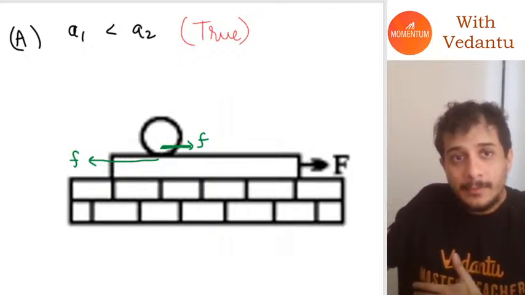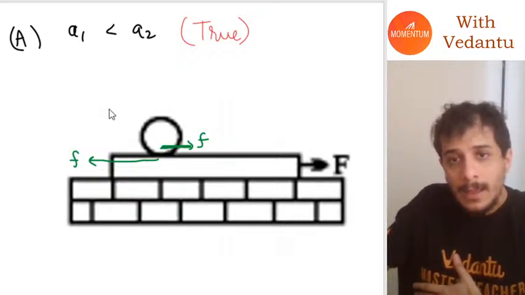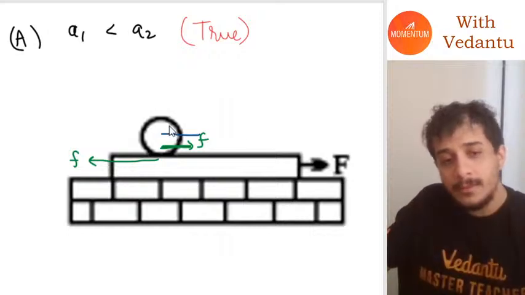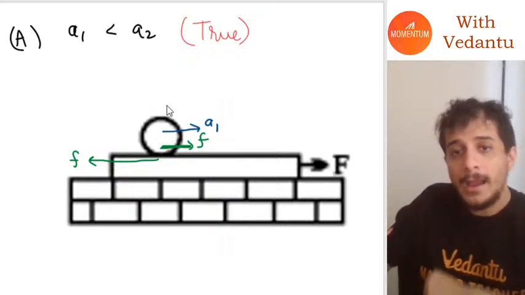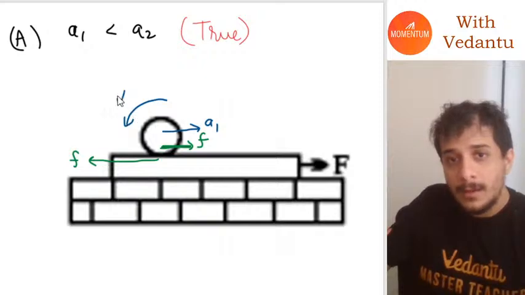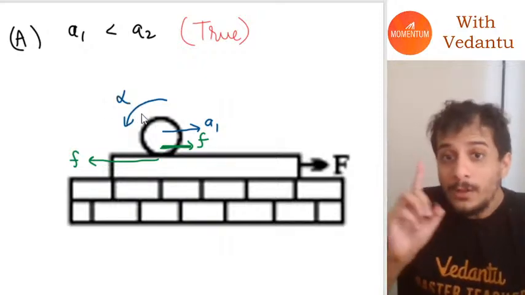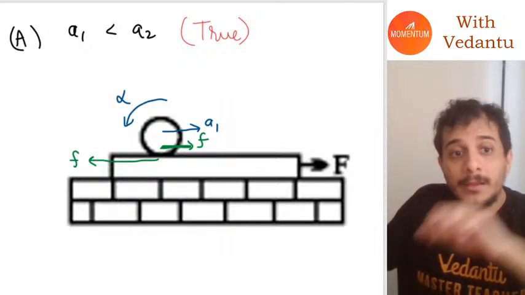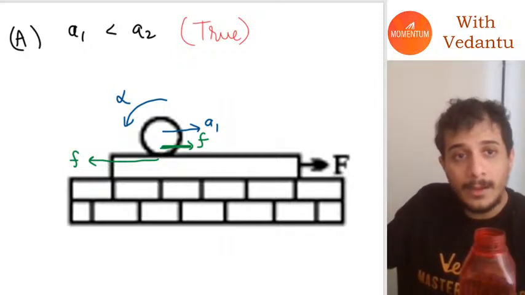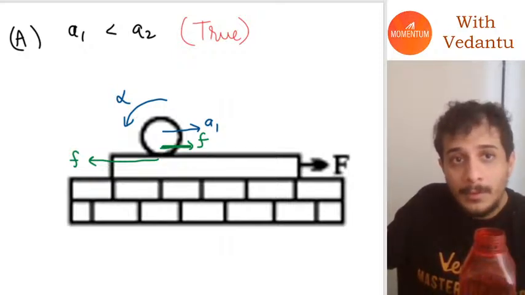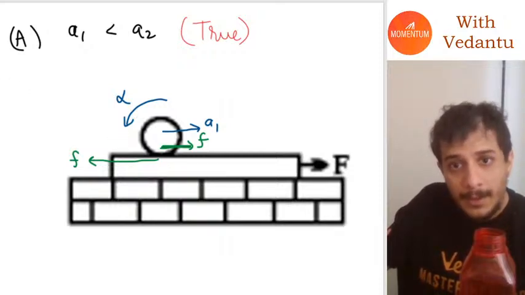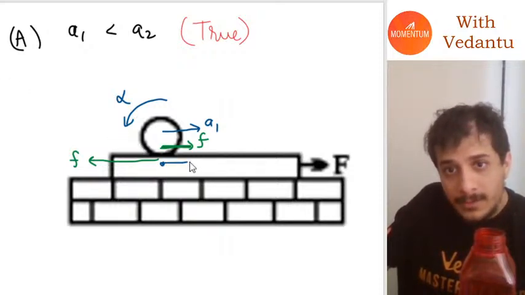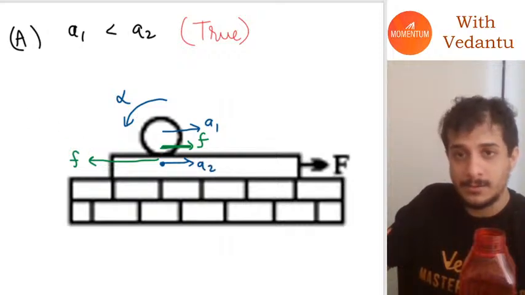Because of this force of friction, this sphere will have an acceleration in this direction, and an angular acceleration alpha in this direction. Also at the same time, the plank below has an acceleration a2 in this direction.